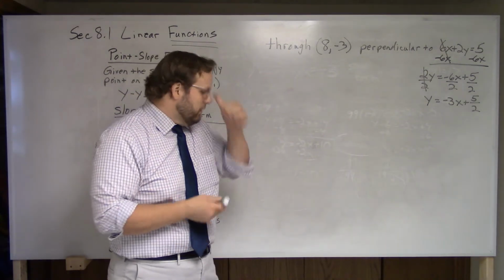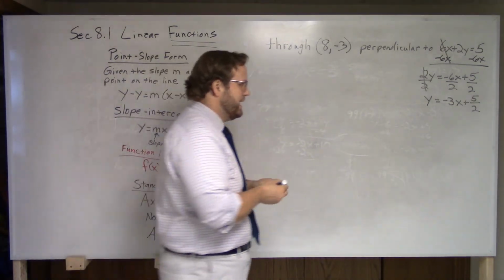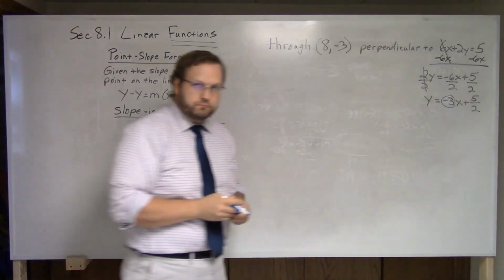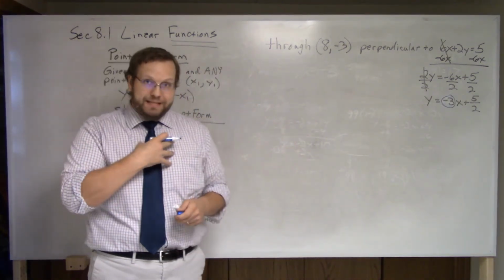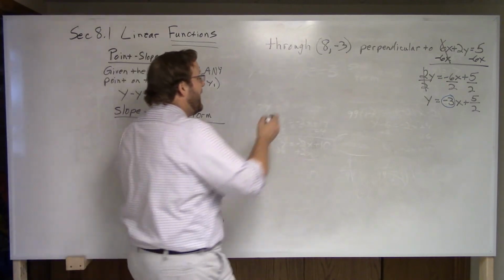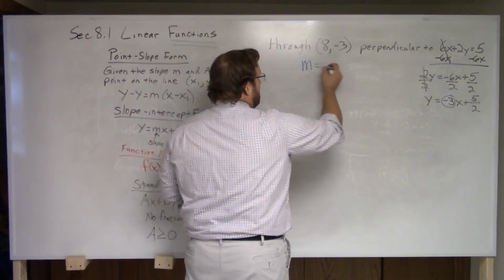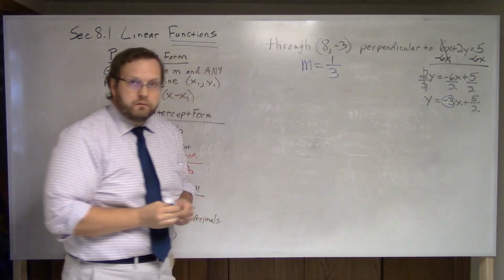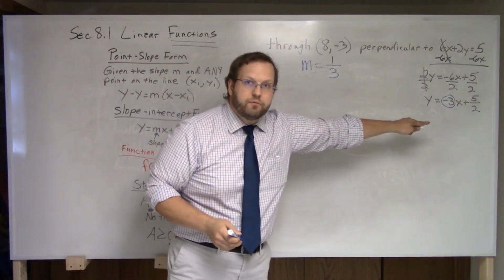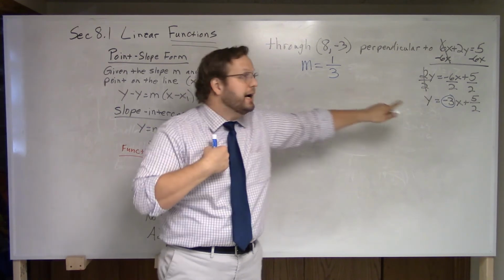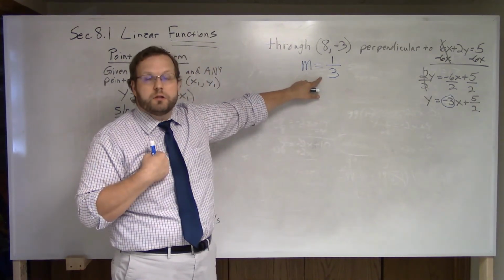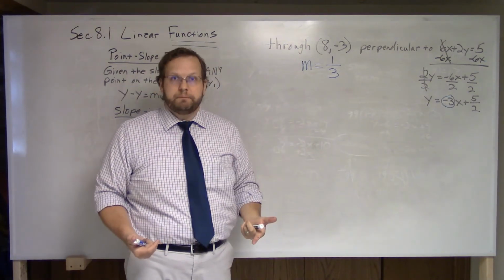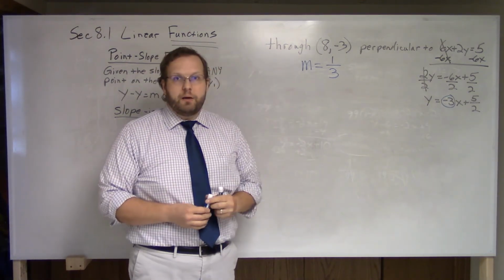Now, what we should be taking out of that is that the slope of this is negative 3. If I am perpendicular to that, I have to have a slope of positive 1/3. If I'm perpendicular, I have to have an opposite reciprocal slope. If I was parallel, then my slope would also be negative 3. But in this case, I'm using that 1/3.